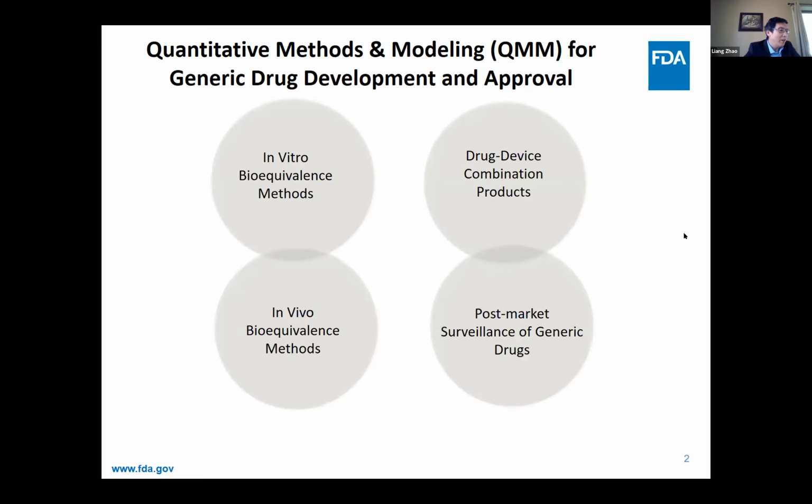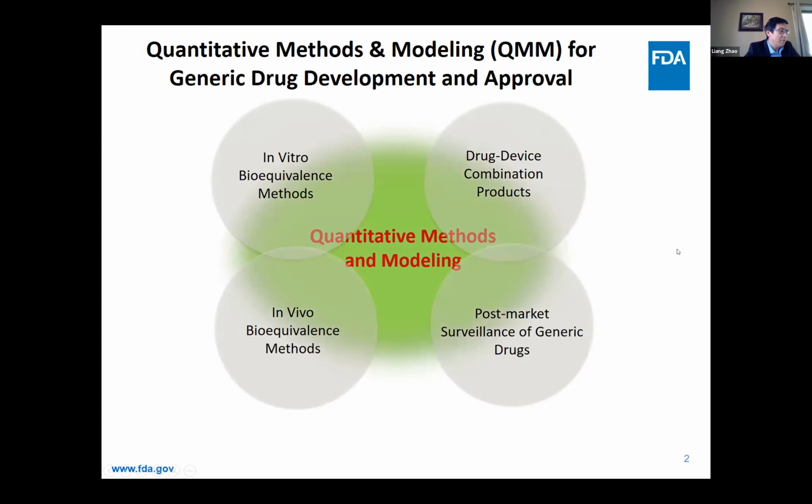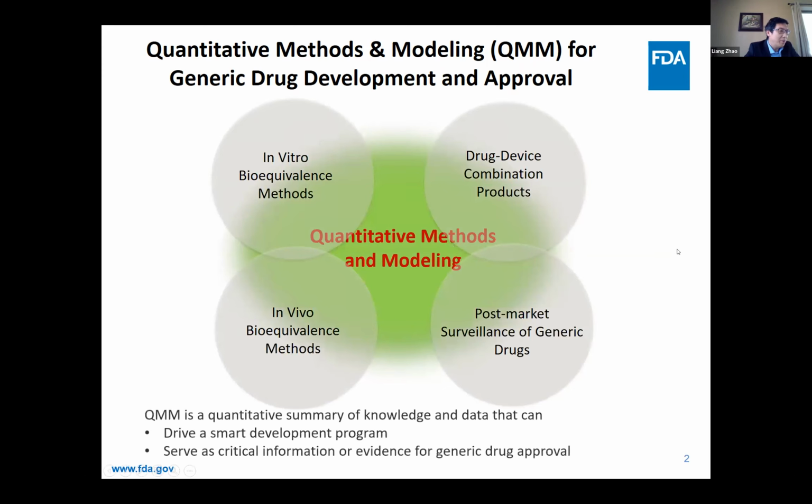The QMM provides a critical knowledge base for regulatory decisions for all subject areas, including in vitro bioequivalence methods, drug-device combination products, post-marketing surveillance, and in vivo BE methods for generic drug development and review.